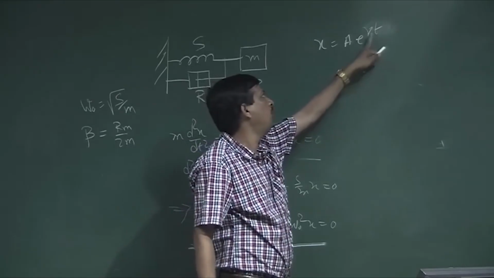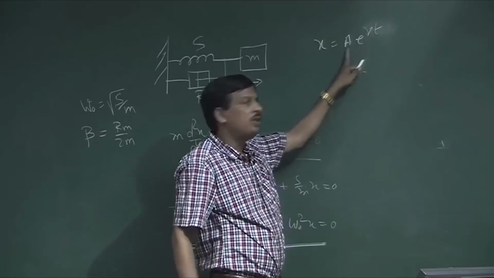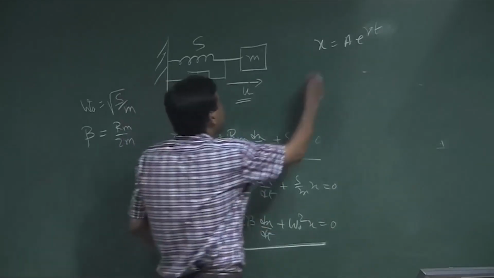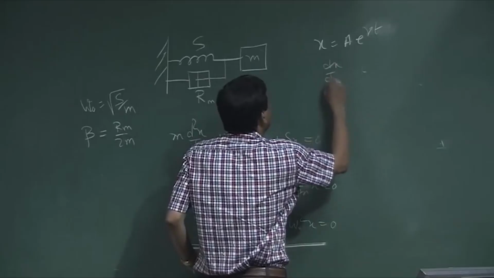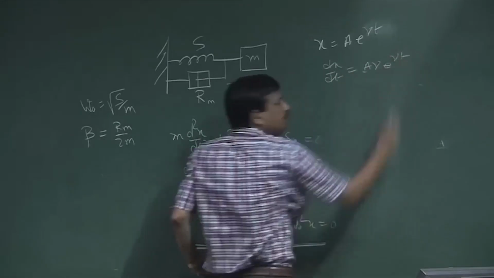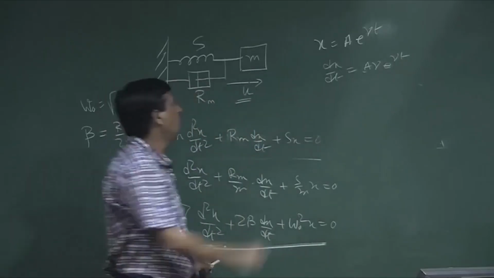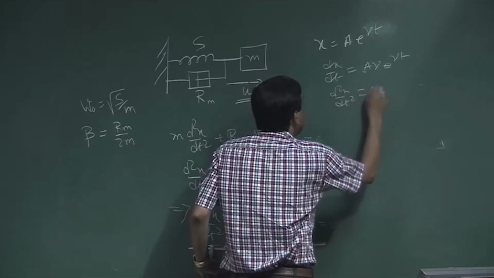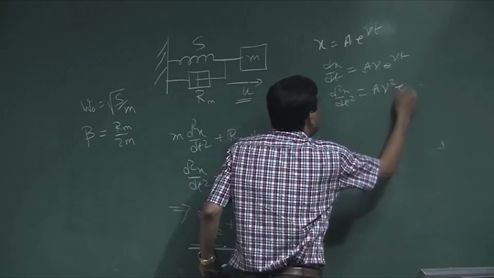So I have to find the values of gamma and a. If this is the solution, it must satisfy this equation. So what is dx by dt? It is a gamma e to the power gamma t. And d2x by dt square is a gamma square e to the power gamma t.